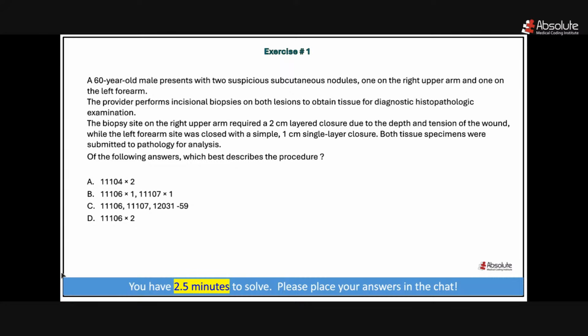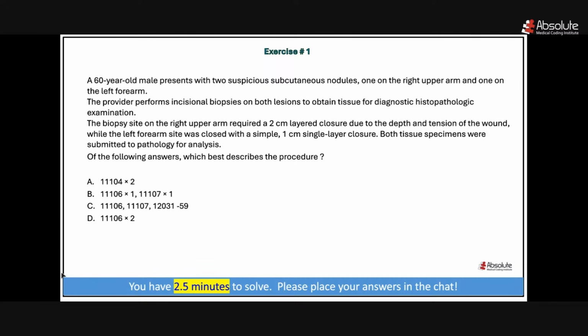The biopsy site on the right upper arm required a 2 centimeter layered closure due to the depth and tension of the wound, while the left forearm site was closed with a simple 1 centimeter single layer closure. Both tissue specimens were submitted to pathology for analysis. Of the following answers, which best describe this procedure?